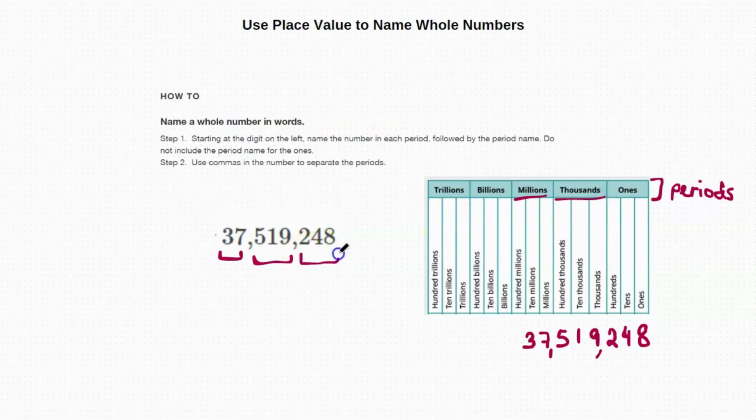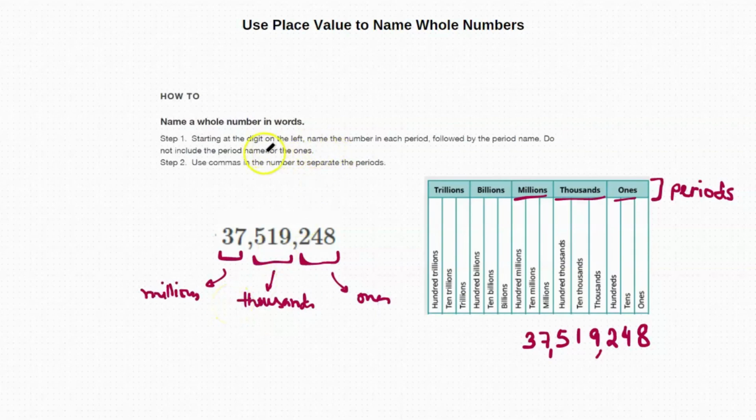And this 248 is in the ones period. So let me just write it down here. This is millions. This is in the thousands. And this is in the ones. So that's where we start off.